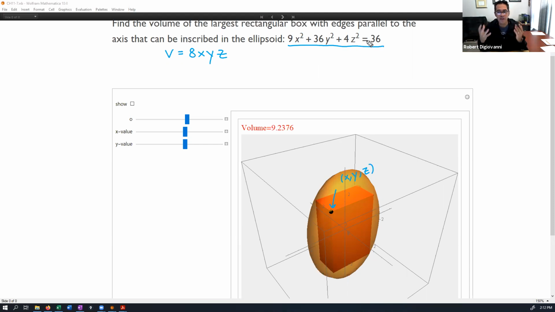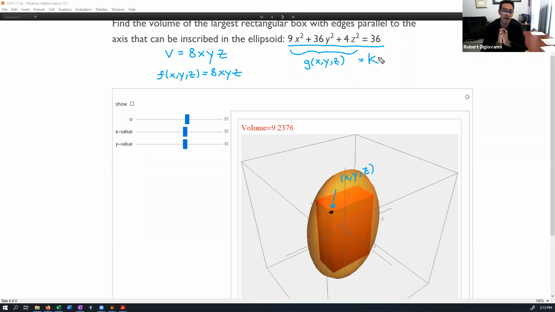This is a perfect problem for Lagrange, because what we can do is look at this volume function as a function of three variables, x, y, and z. And then we have our constraint equation, g of x, y, z equals a constant. You see how this is perfectly suited for Lagrange?